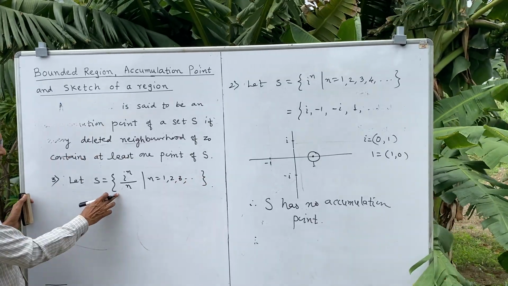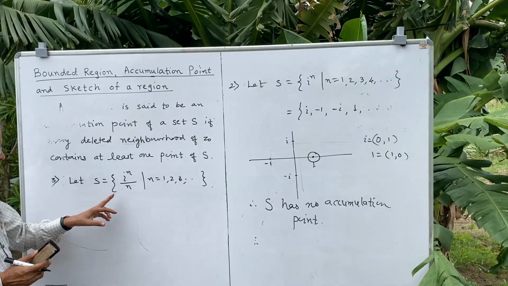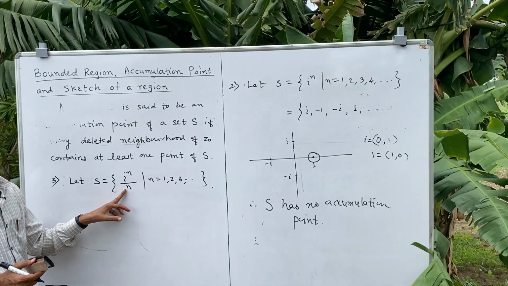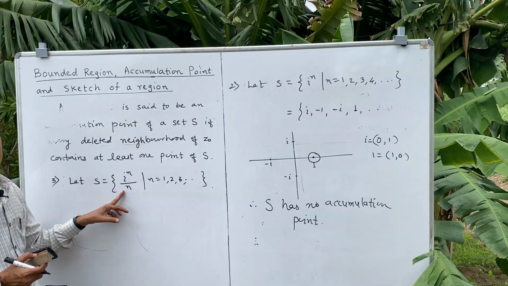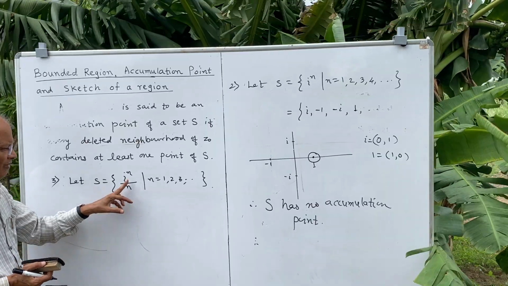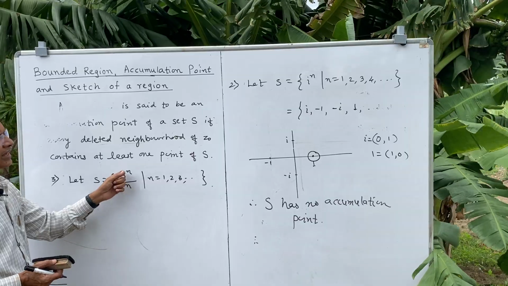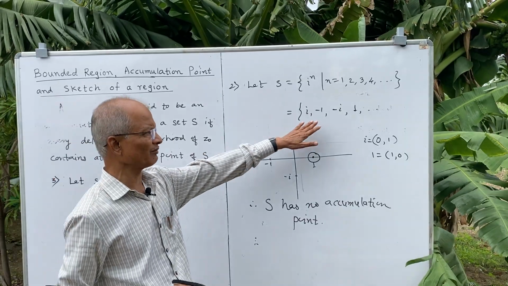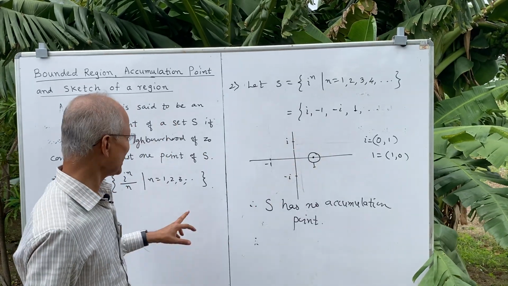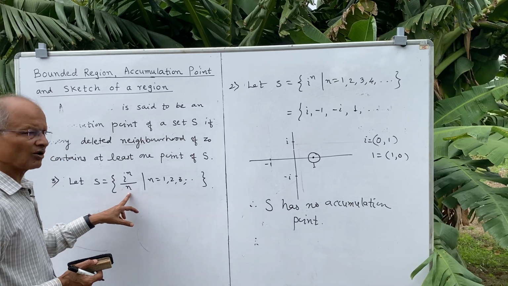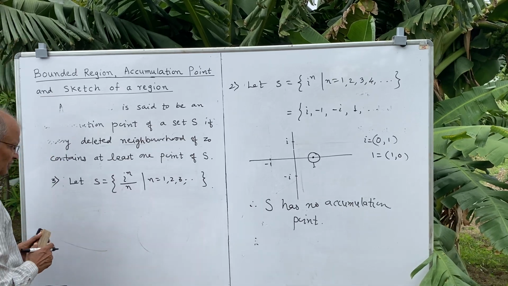If n takes greater and greater values, then the denominator becomes infinite, and we know the value will approach 0, because I power n has only these possible values, and dividing by an infinite denominator approaches 0.